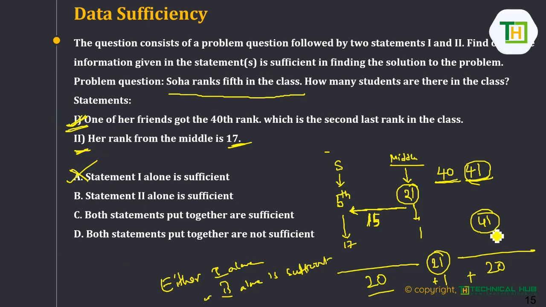How 21? See, I have to start it from the middle, right? So this is 17th, and I'm counting from this direction. This 5 is 17th, 6 is 16th, 7 is 15th, 8 is 14th rank, 9 is 13th rank, 10 is 12th rank from the middle, 11 is 11th rank, 13, 14 is 9th rank, 15 is 8th rank, 16 is 7th rank, 17 is 6th rank, 18 is 5th rank, 19 is 4th rank, 3rd rank, 20 is the 2nd rank and 21.